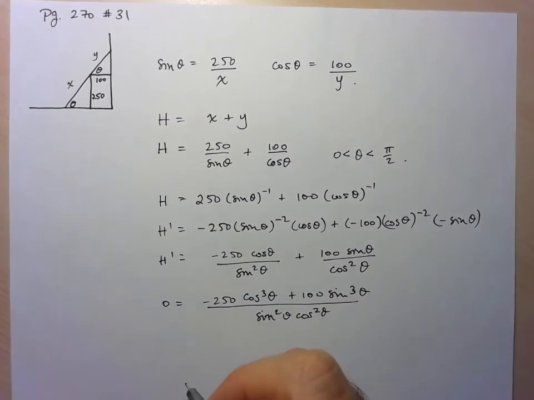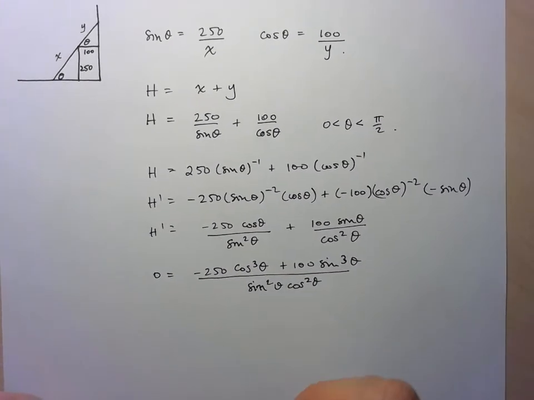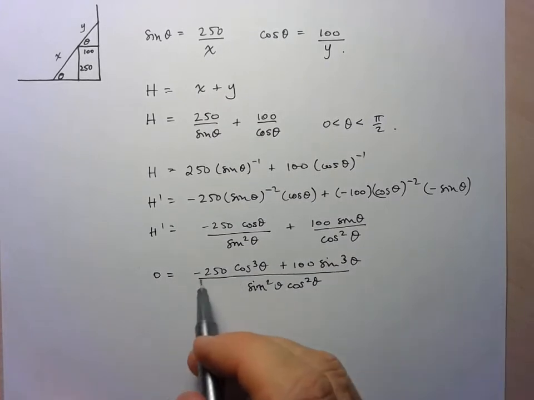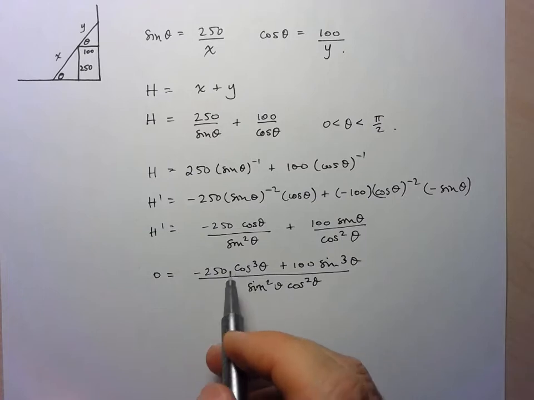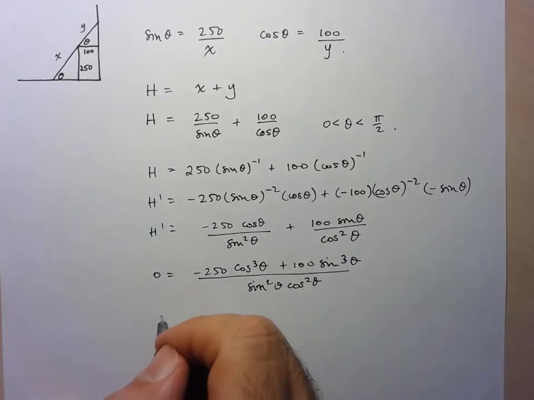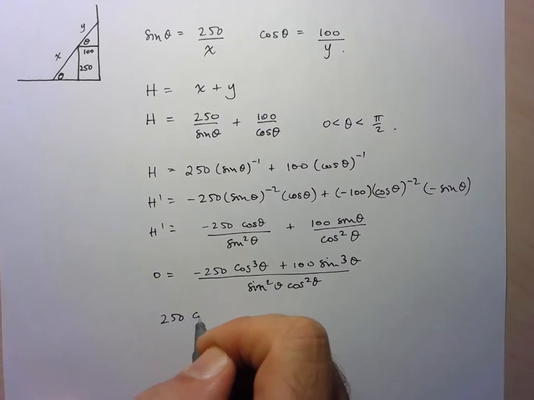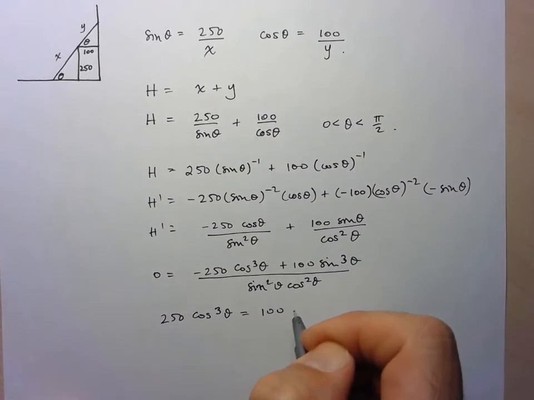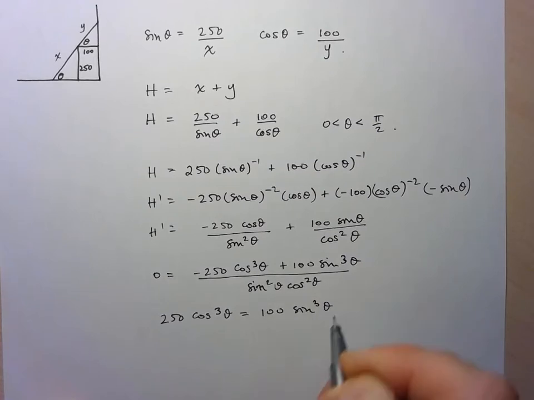So here, in order for this to be equal to 0, the numerator has to be equal to 0. So I'll save myself a step by bringing the minus 250 cos cubed theta to the other side. So we need 250 cos cubed theta to be equal to 100 sine cubed theta.